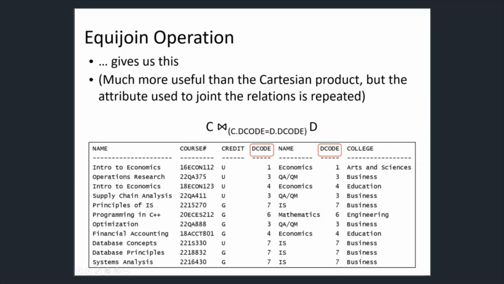And so this relation shows essentially what department each course belongs to. So operations research is a course in the business college. Principles of IS is a course in the business college. Financial accounting is a course in the education college.